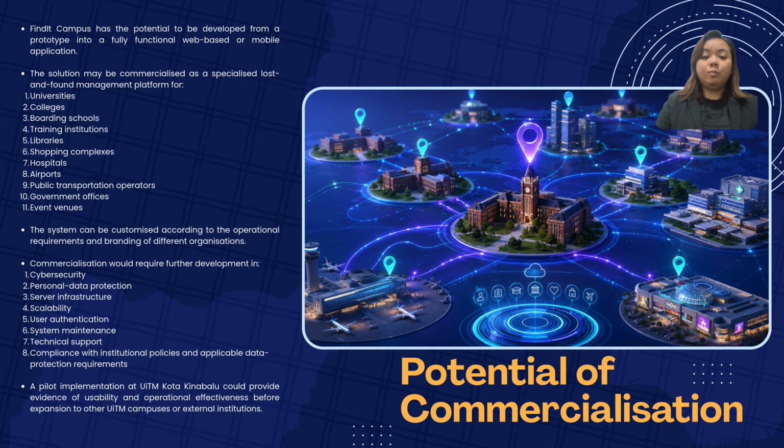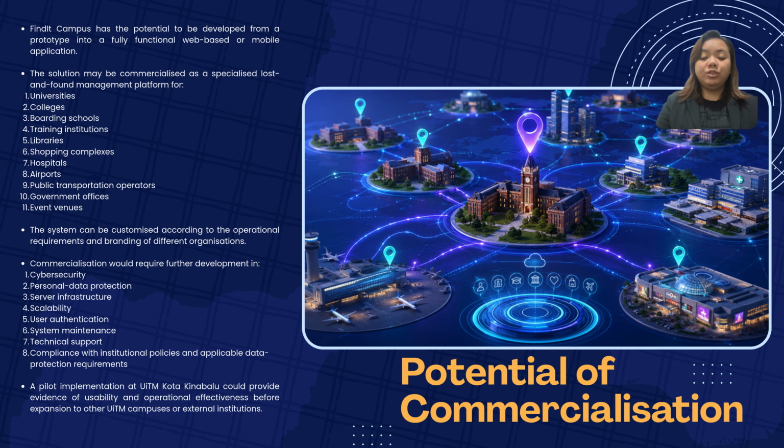Find It Campus has the potential to be developed from a prototype into a fully functional web-based or mobile application. The system can be commercialized as a specialized lost and found management platform for universities, colleges, boarding schools, training institutions, libraries, shopping complexes, hospitals, airports, public transportation operators, government offices, and event venues.